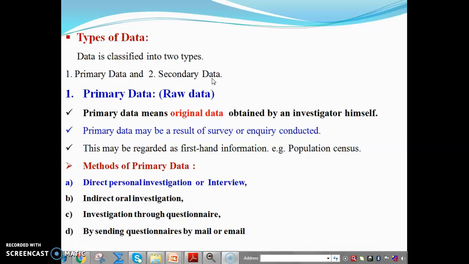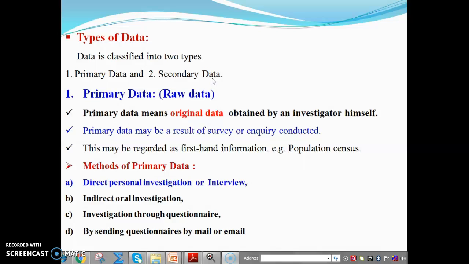This may be regarded as first-hand information. Population census result is a classical example of primary data. Every 10 years the population census is recorded. This is the best example of primary data.